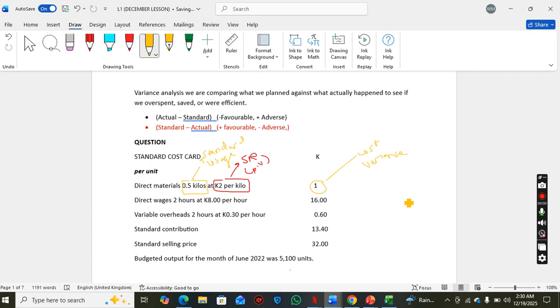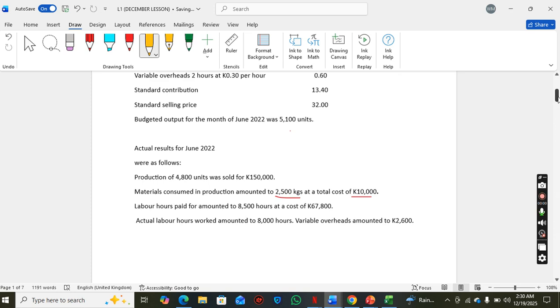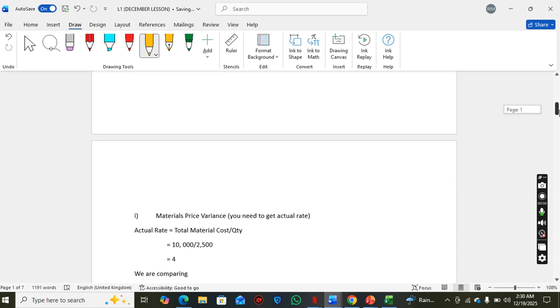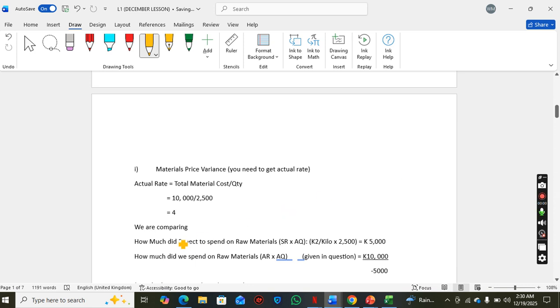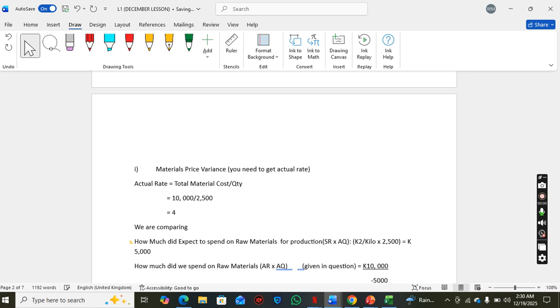So let's start with our material price variance. Basically, we're asking, did we spend more or less when buying our materials? So this is what we're comparing. How much did we expect to spend on raw materials for actual production? How much we intended to spend.